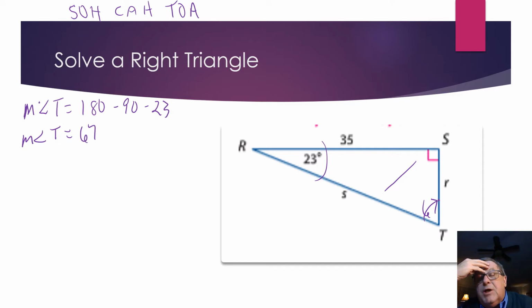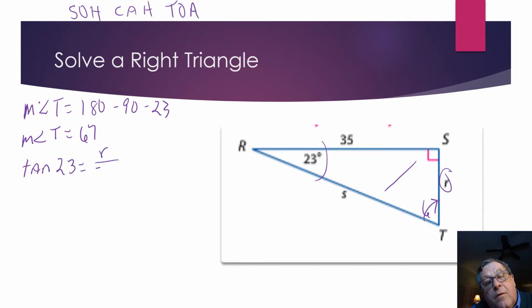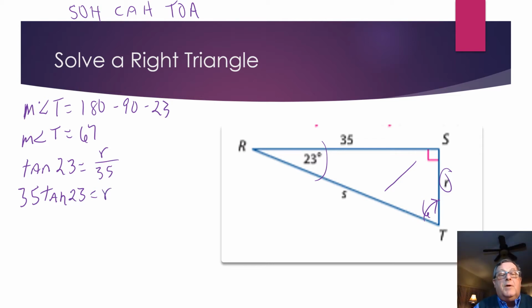And I know the adjacent side to the angle of 23, which is 35, but I don't know the opposite, which is r. So let's work first with the tangent. So we could say that the tangent of 23 is equal to r over 35. And then if I multiply both sides by 35, then we would say that 35 times the tangent of 23 is going to equal approximately this side measure r.